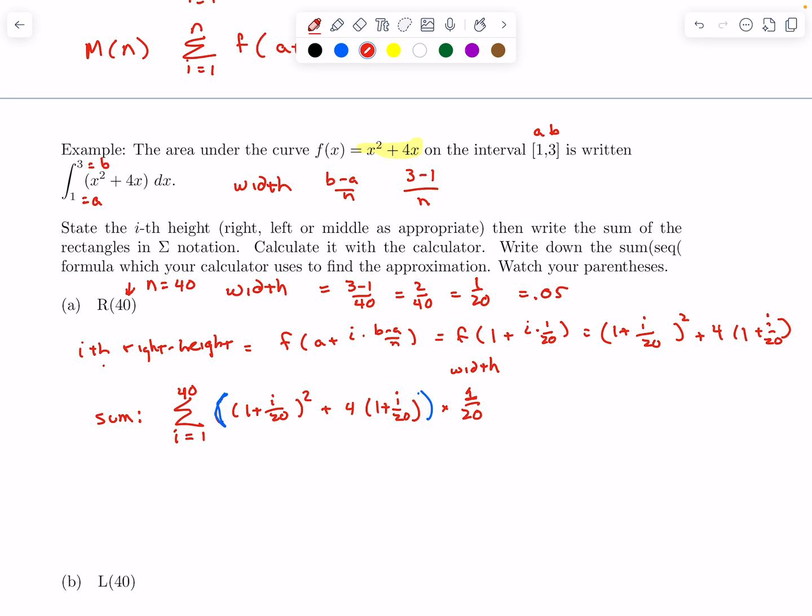It doesn't have an i in it. Follow the directions on the supplemental handout that tells you how to type things into the calculator. If you do it right and you get the right number of parentheses, you should have sum of, it forces parentheses, sequence, it forces more parentheses. Then this is what you type into the expression.